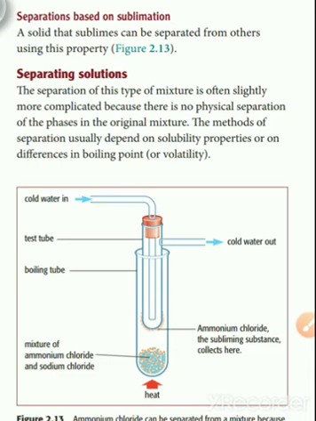And when a solution needs a higher boiling point to boil itself, it is less volatile. If we compare the boiling points, ethanol needs 78 degrees Celsius to boil itself and water needs 100 degrees Celsius to boil. It means ethanol is more volatile and water is less volatile, because they have different boiling points.